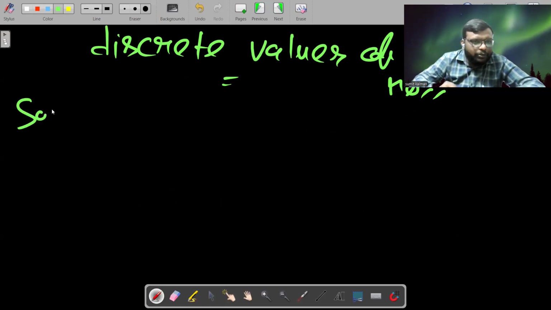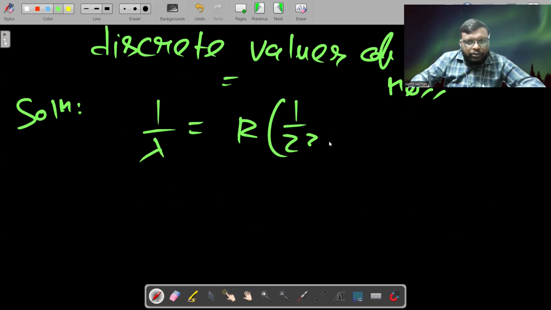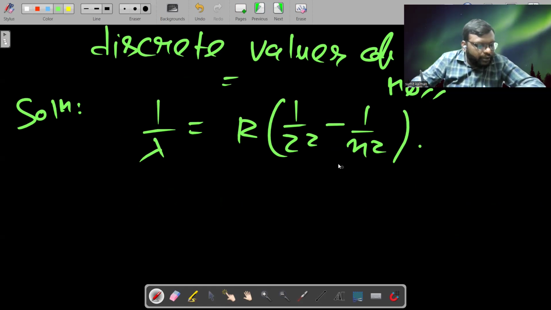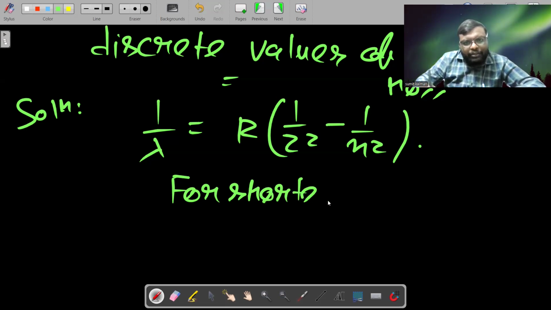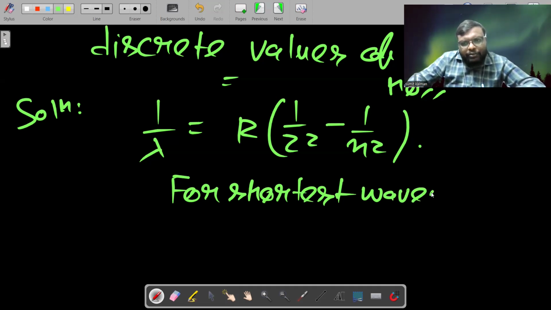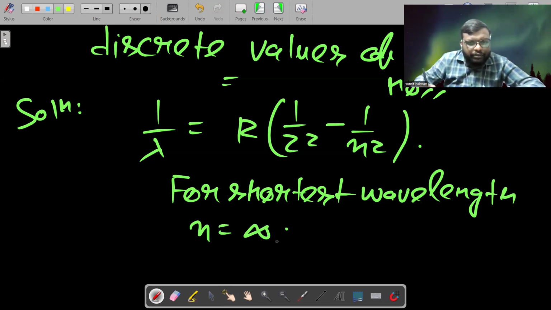So students, as we all know that Balmer series is given by 1 upon lambda is equal to R into 1 upon 2 square minus 1 upon n square. For shortest wavelength, कैसे कैलकुलेट करोगे शॉर्टेस्ट वेवलेंथ? हम क्या करेंगे, n को इंफिनिटी पुट करेंगे. तो स्टूडेंट्स, हियर n will be equal to infinity.